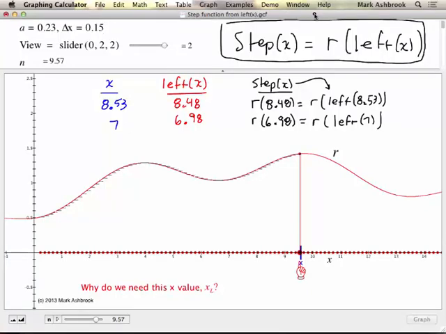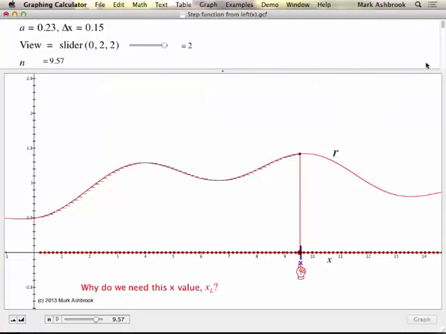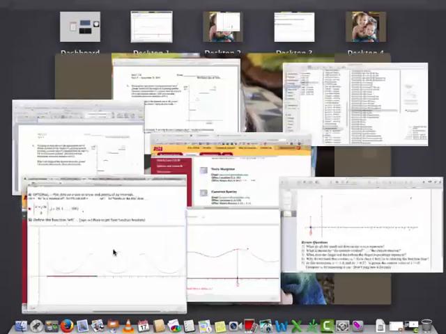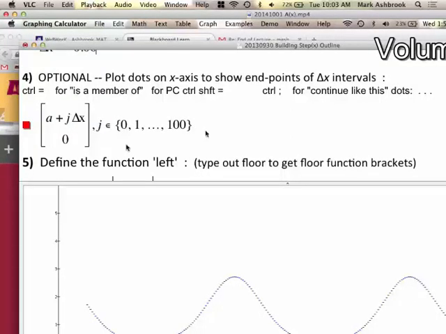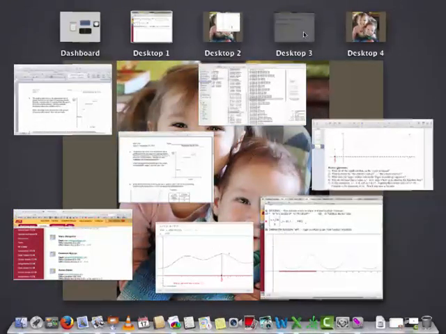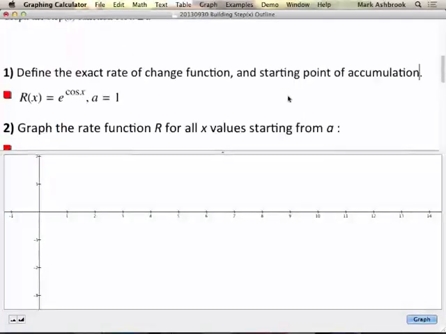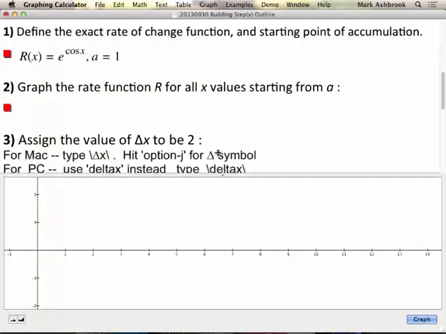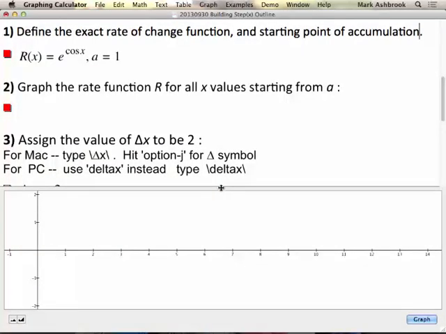Okay, anybody have a question? So let's get out the graphing calculator and let's give this a shot. Okay, so I've got text in between these command lines.